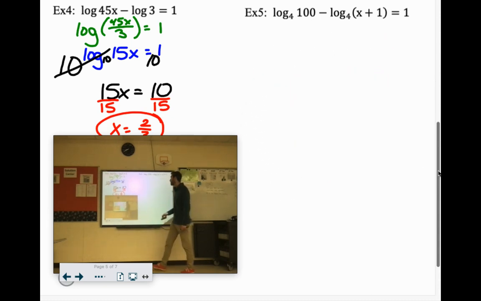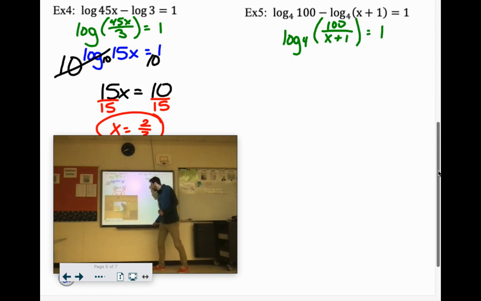Can get a little scary sometimes. All right, log sub 4 of 100 minus log sub 4 of x plus 1 equals 1. We have subtraction, so we'll bring it together as division: 100 divided by x plus 1.